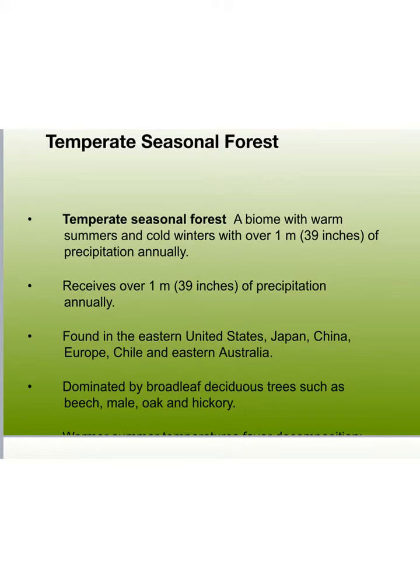We can receive over 1 meter in precipitation annually. So this is where we live, eastern part of the United States, Japan, China, Europe. And so this is mostly dominated by deciduous trees that lose their leaves during the fall, like hickories and maples and oaks, and all those sound really familiar to you because this is where you live.